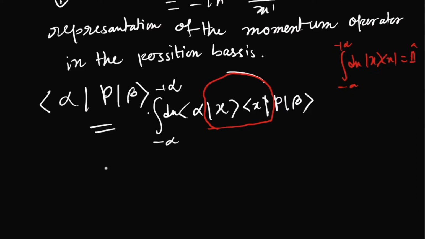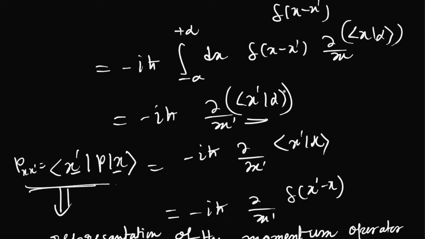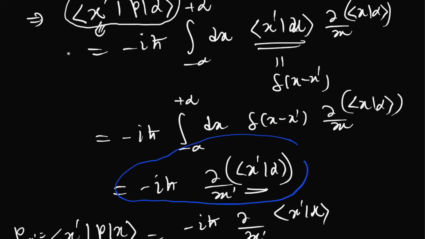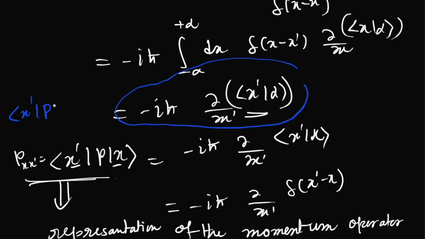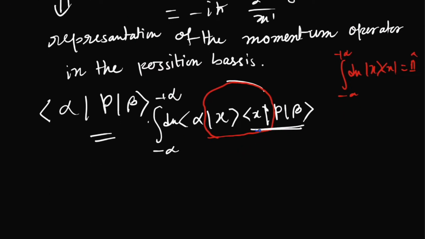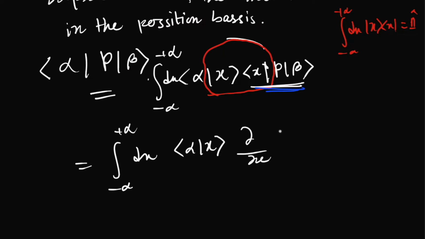So this can be written as, we know this thing from this relation. What it means is ⟨x'|p|α⟩. So from this relation we can write this is equal to the integral from minus infinity to plus infinity dx ⟨α|x⟩ ∂x ⟨x|β⟩.